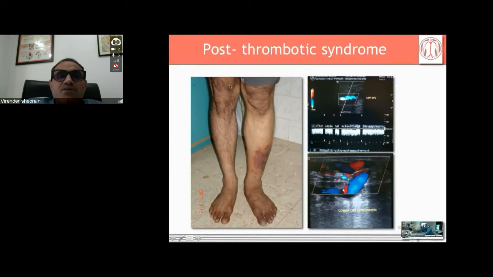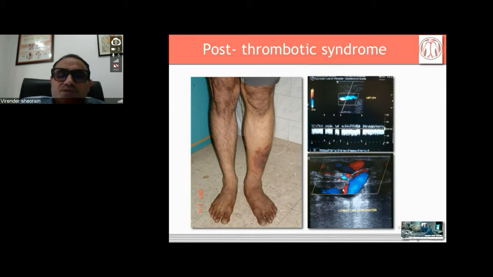Here you can see post-thrombotic syndrome. A syndrome is a combination of a lot of signs. Chronic venous insufficiency patients are usually those who developed thrombosis or DVT way back in their life and did not get properly treated, or even if they were treated, they stopped medications, and there is thrombosis with no complete recanalization.